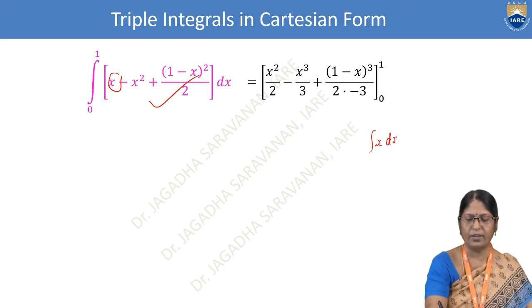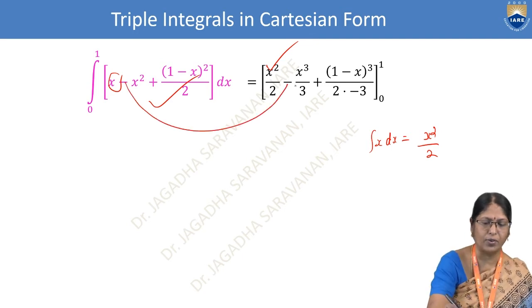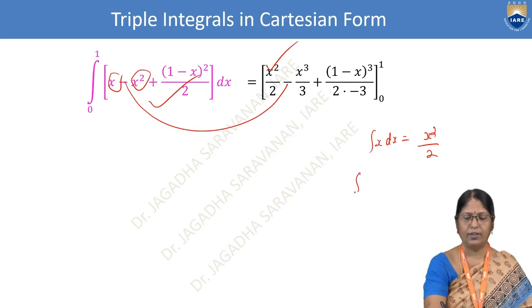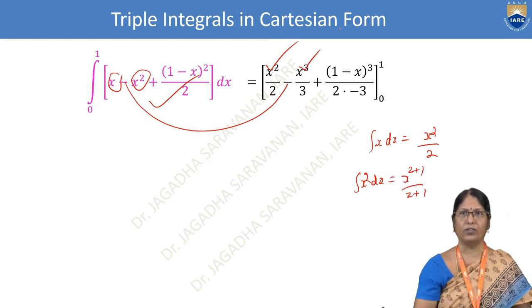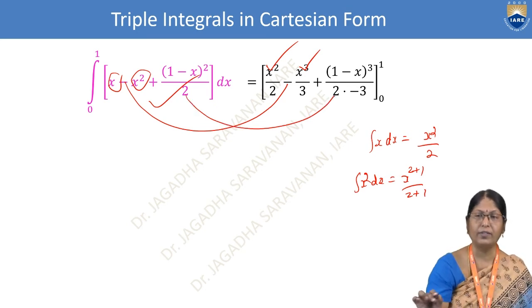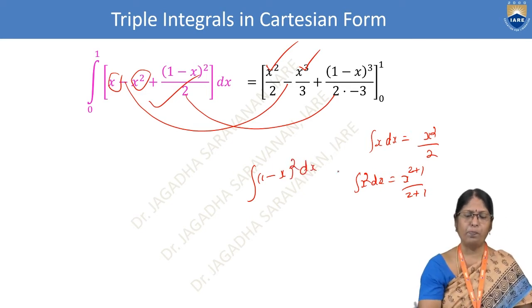So integral of x dx is nothing but x square by 2. This minus sign is written as it is. And the integral of x square dx is x power 2 plus 1 by 2 plus 1, so x cube by 3. This 2 is written as it is. Only the integral of 1 minus x the whole square dx remains.